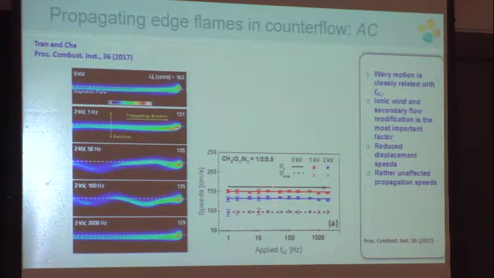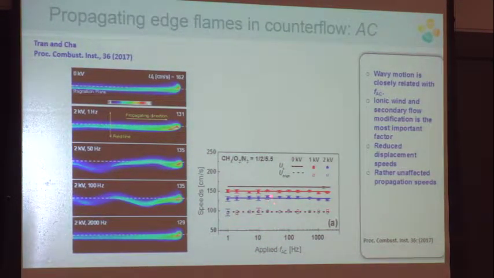As you increase the voltage, the ionic wind is stronger, and in the end, the edge flame speed is decreasing across the board. So we say that the ionic wind plays a major role in enhancing the heat loss from the burning gas, and then reduces the flame speed.